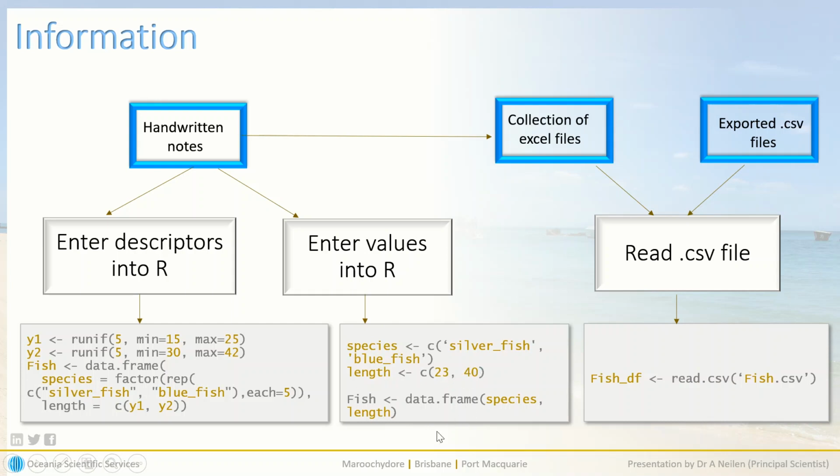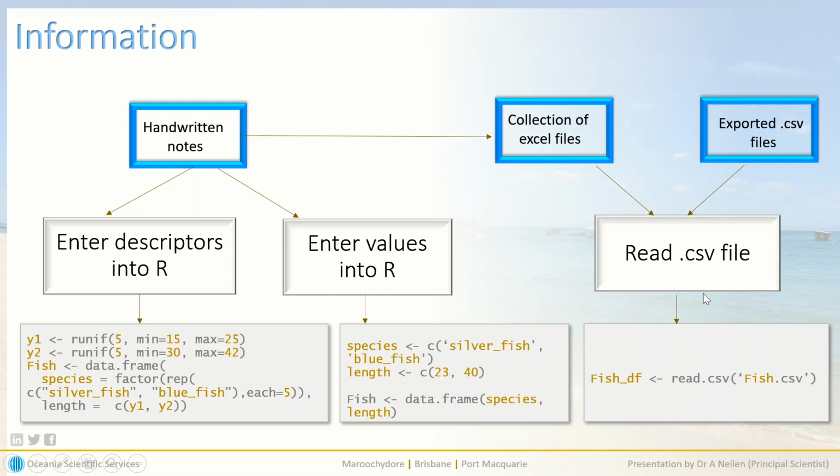I can make this into a data frame. If we'd been more successful in our fishing trip, I may have potentially been able to enter these descriptors describing 5 fish that we caught that ranged in lengths from 15 to 25 centimeters, 30 to 40. We'll have a look at this example towards the end of this clip.